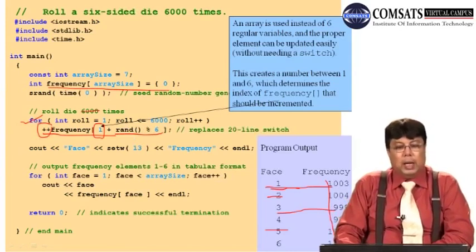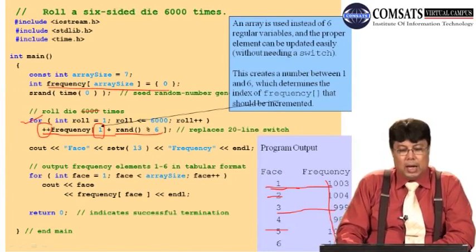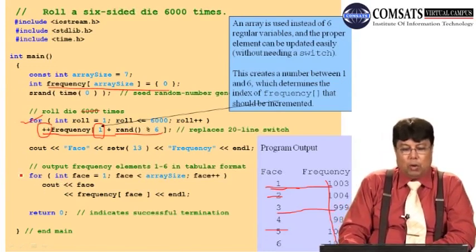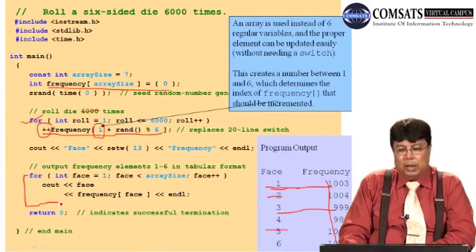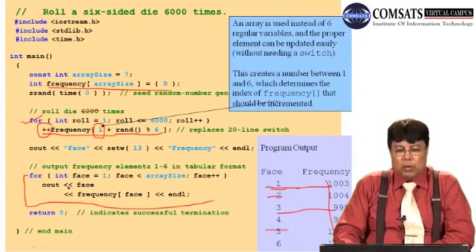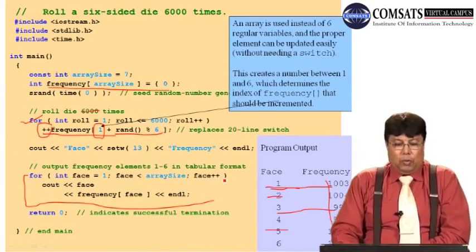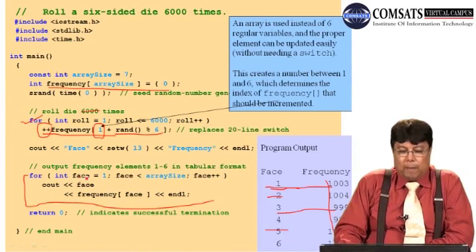So after completing this particular example and program, now we would like to see the output. We use an array, and this array will output: face is equal to 1, face is less than or equal to array of size, face plus plus. Now we are starting from 1, face is less than array of size.